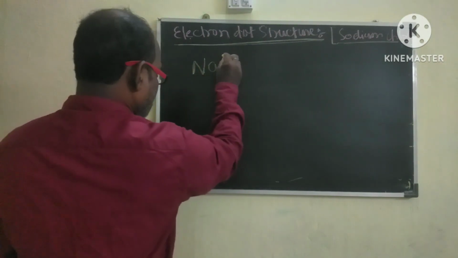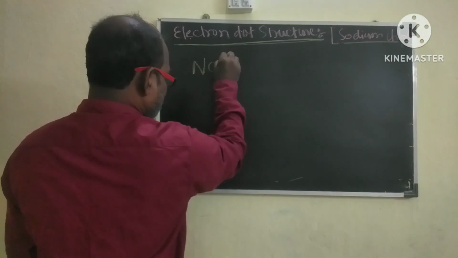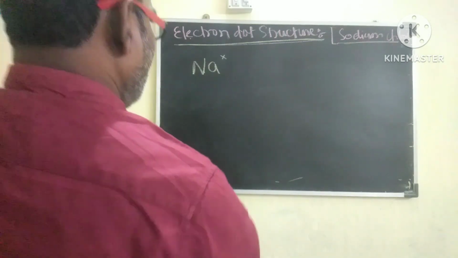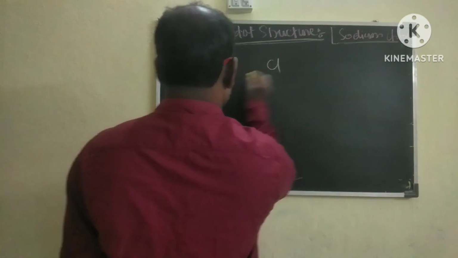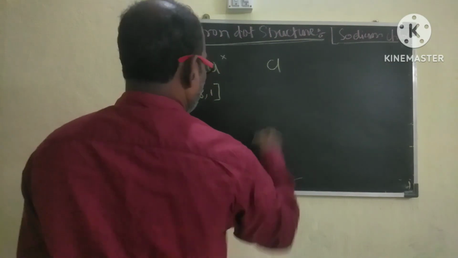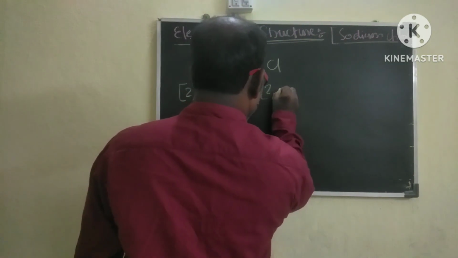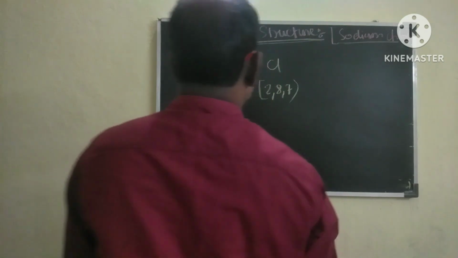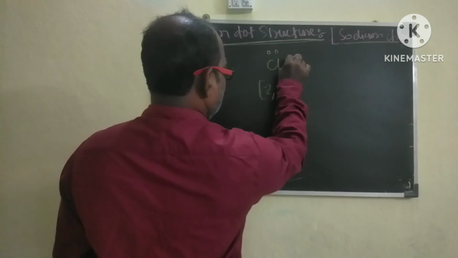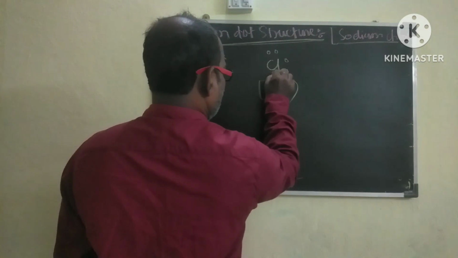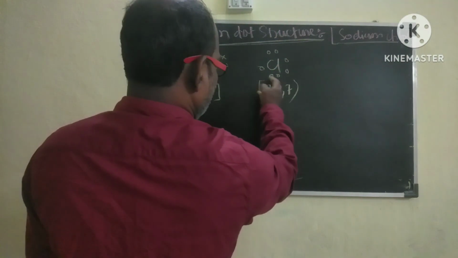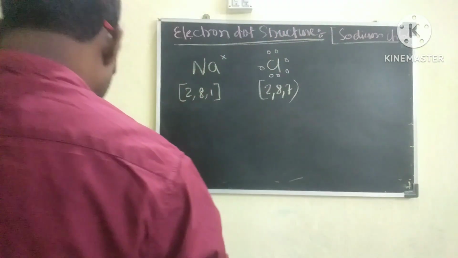So the valence electron, let us mark this with a cross. So 1 electron is there, and for chlorine we can write here 2, 8, 1 for sodium, and for chlorine 2, 8, 7 we have. So this with a cross we are representing. Let us represent chlorine with small dot circles. So the valence electrons are here 1, 2, 3, 4, 5, 6, 7. So we have drawn the valence electrons.